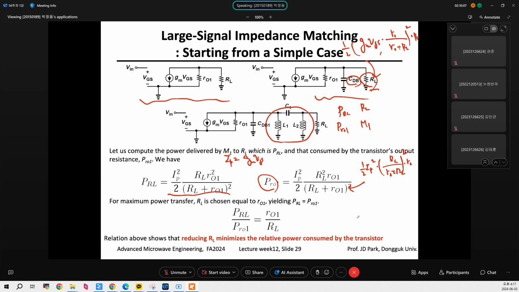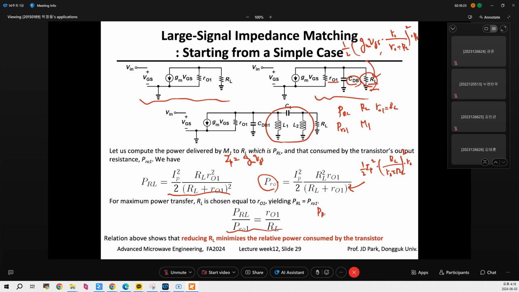Make sense? So for maximum power transfer, we definitely understand that RO1 has to be RL, right? In this condition, we meet this requirement. What is this?